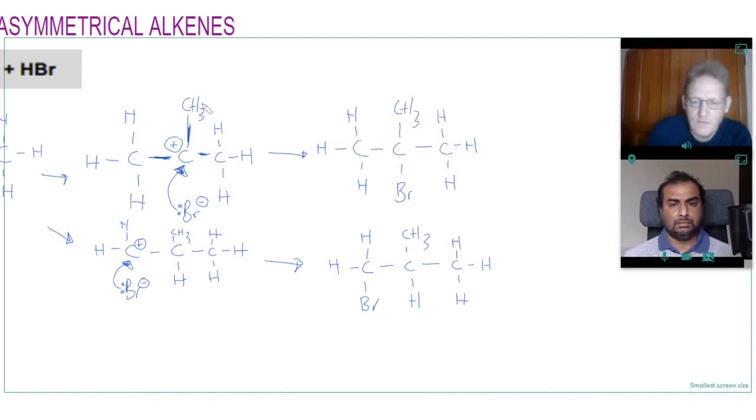And those alkyl groups are electron pushing, so they reduce the positive charge on the carbon and therefore make this more stable. So tertiary carbocations are more stable than secondary carbocations, which are more stable than primary carbocations.